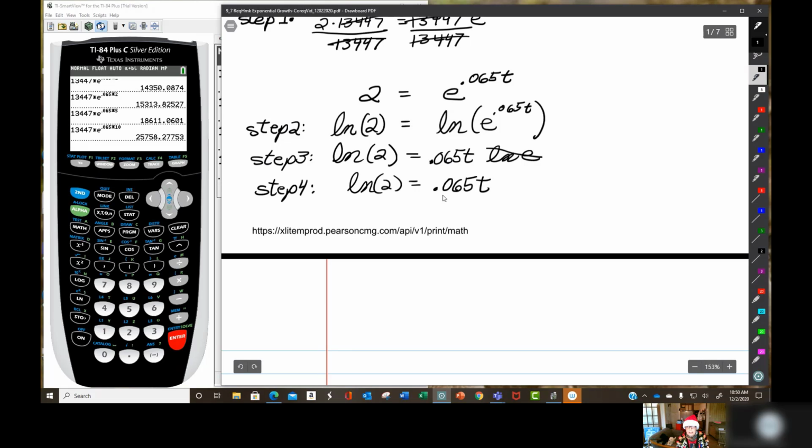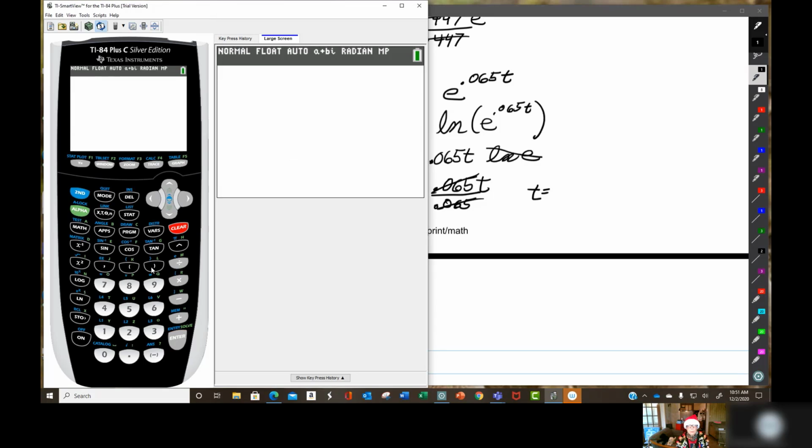To solve for t, you divide both sides by 0.065. So t is going to equal the ln of 2 divided by 0.065. And that is what I'm going to do right now.